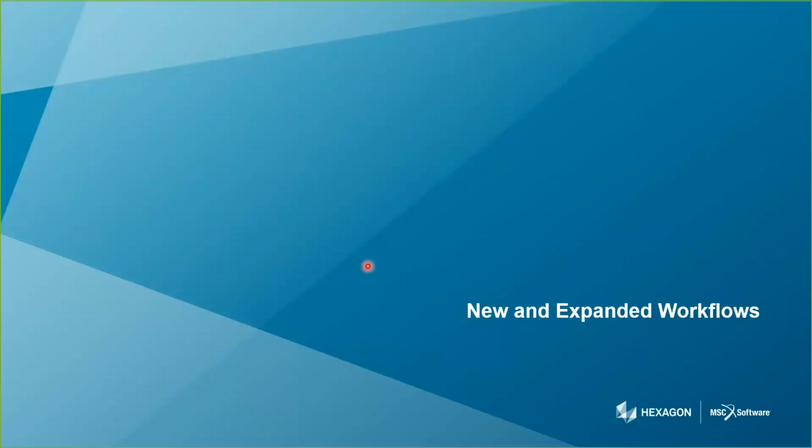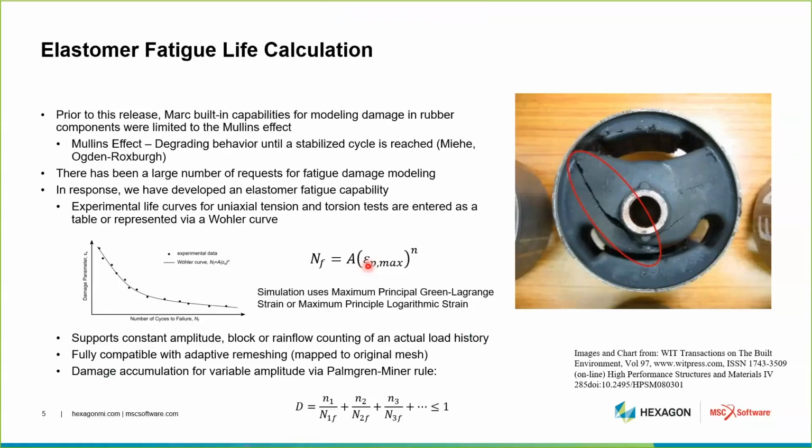So I'll go ahead and start with the new and expanded workflows. And the first one of these is this elastomer fatigue life calculation. Prior to this release, Marc's built-in capabilities for modeling the damage in rubber were really associated with the Mullins effect. So the Mullins effect, as you cycle an elastomer or a rubber material, you'll see a degradation until you reach a stabilized cycle.